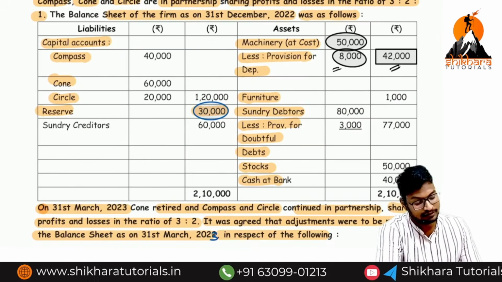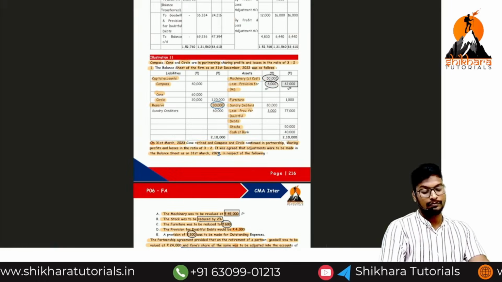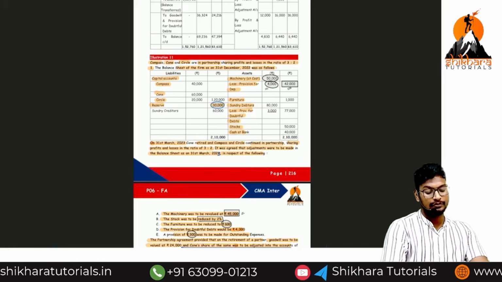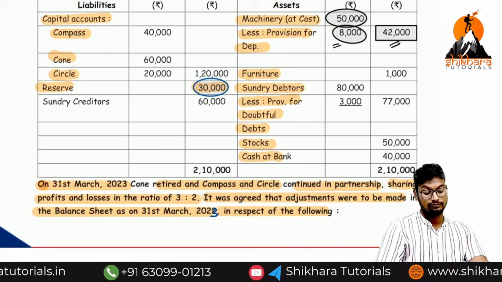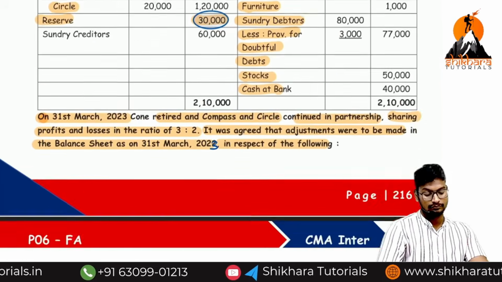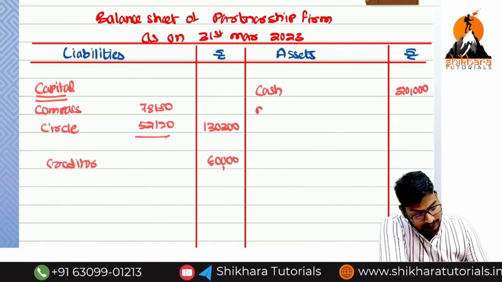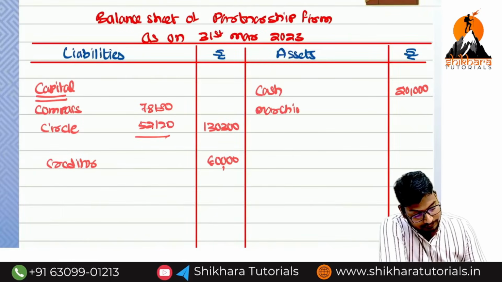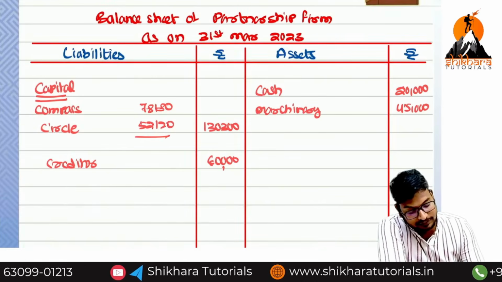Machinery value is how much? 45,000. Machinery value, amma. We have revalued. Revalued to what is the value? So what is the revalued amount, amma? 45,000. So machinery 45,000. What is the next one?